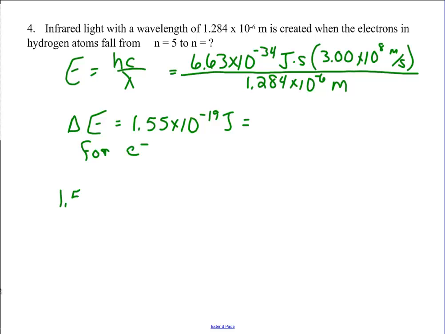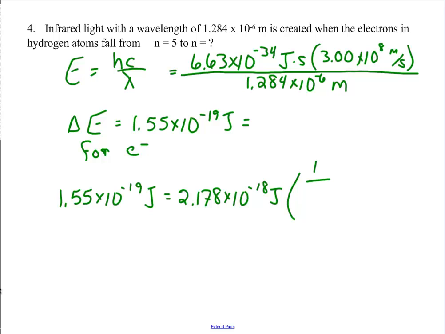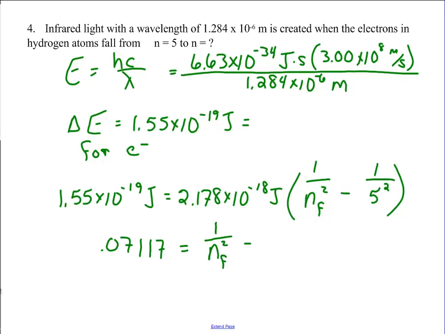So 1.55 times 10 to the negative 19 joules equals 2.178 times 10 to the negative 18 joules times 1 over our final energy level squared minus 1 over our initial energy level, which is n equals 5, so 5 squared. So first thing I'm going to do is divide both sides by 2.178 times 10 to the negative 18 joules, and I get 0.07117. And that equals 1 over my final energy level squared minus 1 over 25.